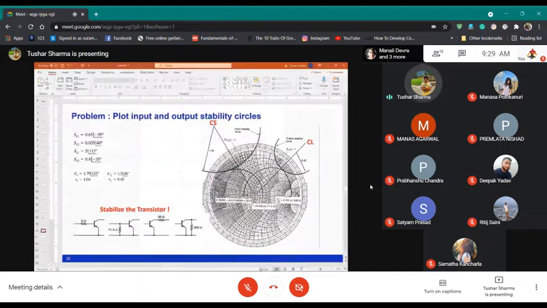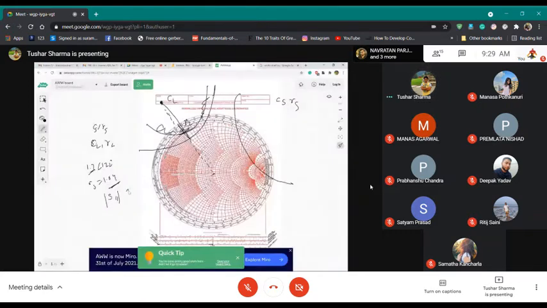In this particular case, S11 is less than 1. If S11 is less than 1, the center part of the Smith chart is stable. So this region is all stable region. And this part is unstable, whatever is the intersection between Smith chart and this. So this is unstable.